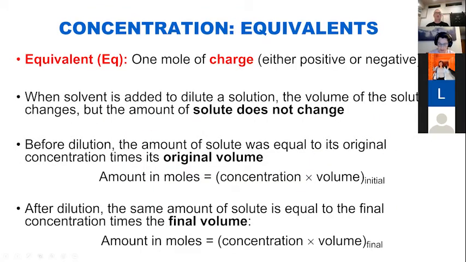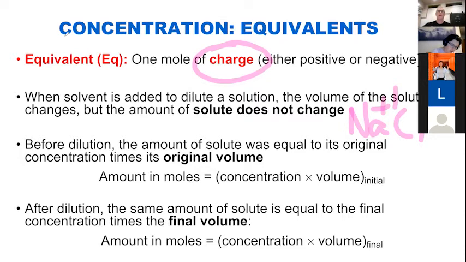So one thing we haven't talked about is something called equivalence. So equivalence is also a mole, but it's not a mole of a particular substance. It's a mole of charge. So when I dissolve sodium chloride in water, if I have a 1 molar solution of sodium chloride, that means I have a 1 molar solution of sodium.